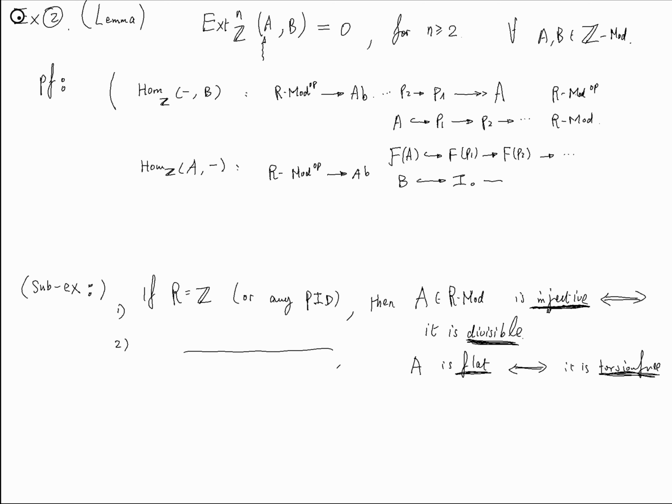But now I claim that, let me take the second version. I claim that this is an injective resolution of B because I0, in the category of abelian groups, is injective, which means this is divisible. And this implies that this is again divisible, and so this is again injective. So this is an injective resolution. This is an exact sequence, and this is an injective resolution. And then you apply the functor and compute its derived functor.